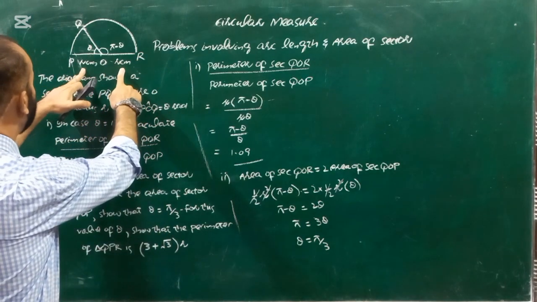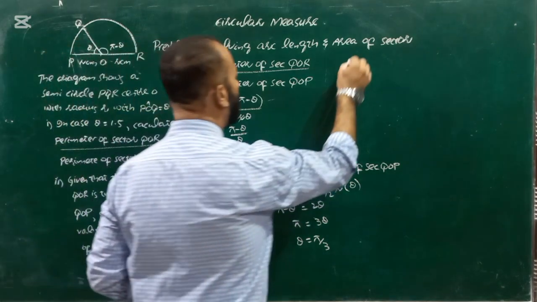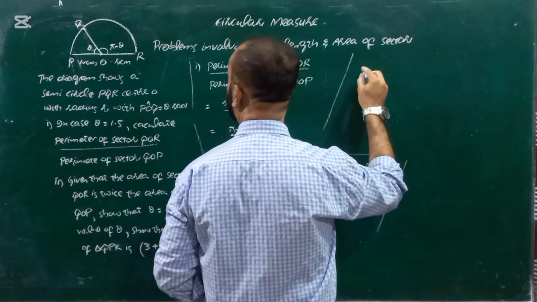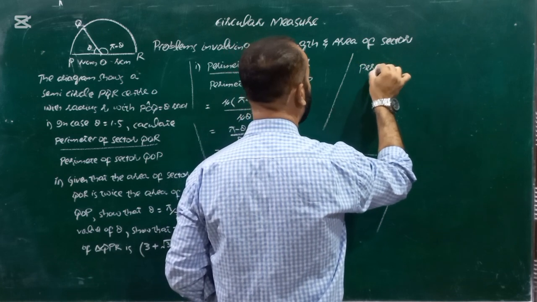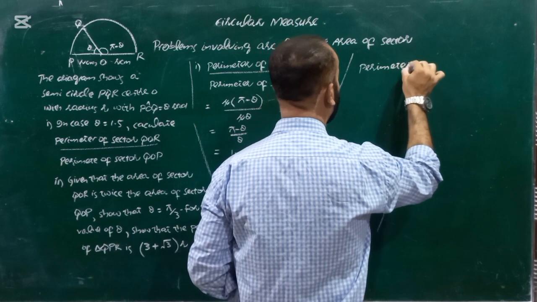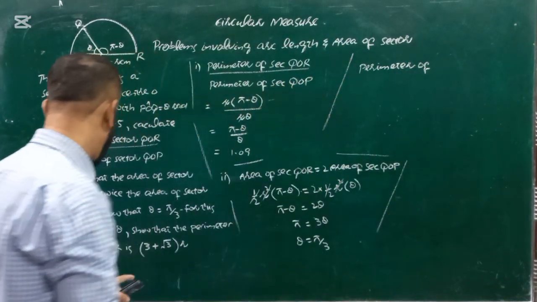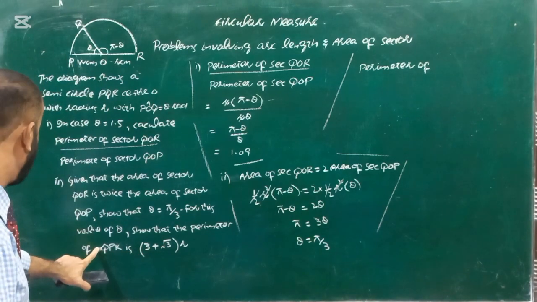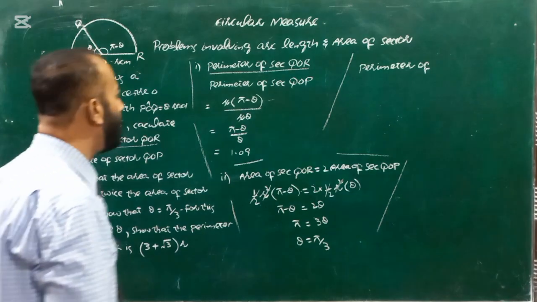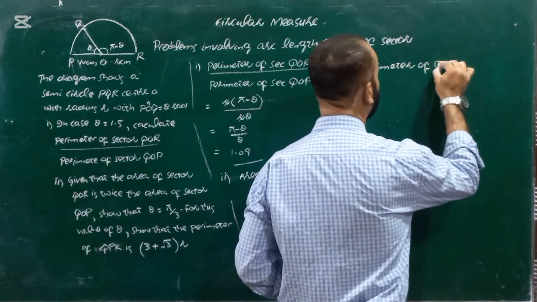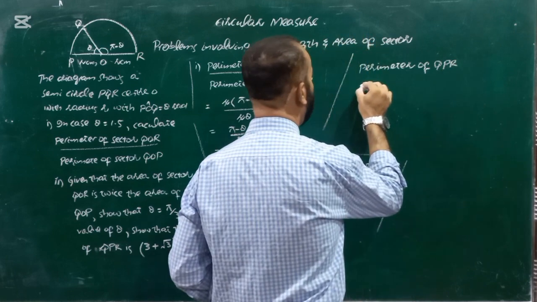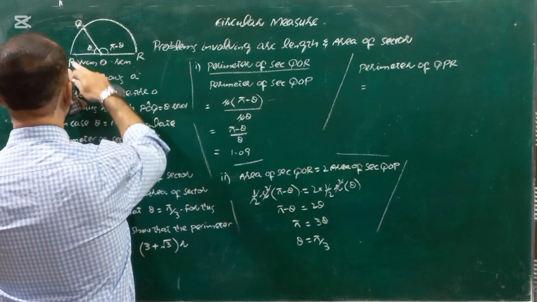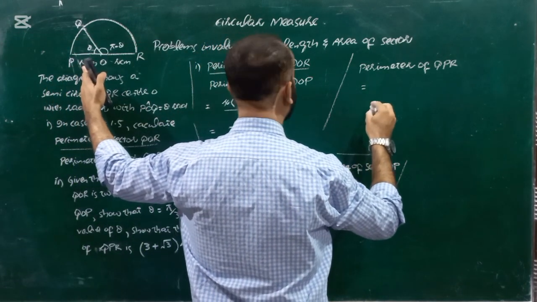So the perimeter of QPR will be equal to this full side plus this plus this. So look now, OP plus PQ. So R plus R.